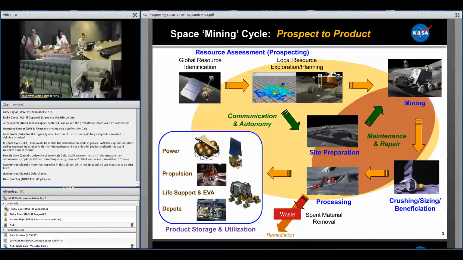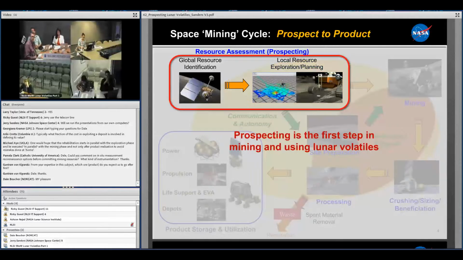As Dale pointed out, we have within the ISRU community been following the space mining cycle, or prospect to product. And as Dale pointed out, the really first and to a certain extent most important step is the prospecting step. First from a global resource identification perspective, and then diving a little bit into the weeds from a local resource exploration and planning.